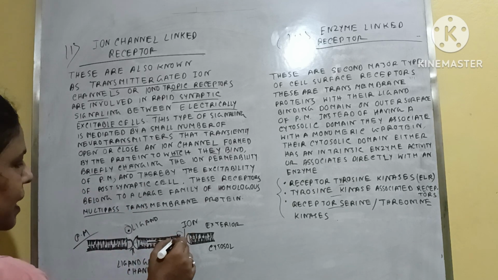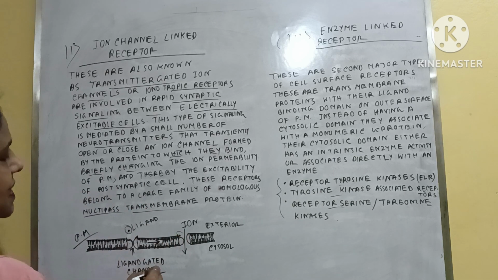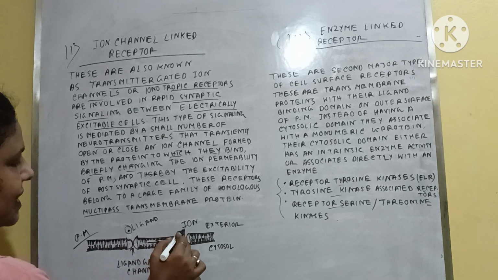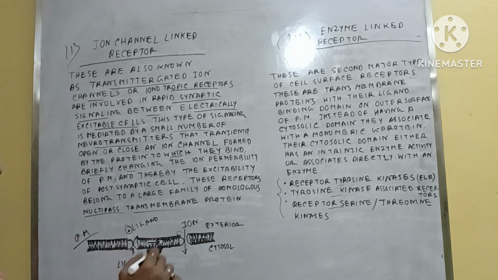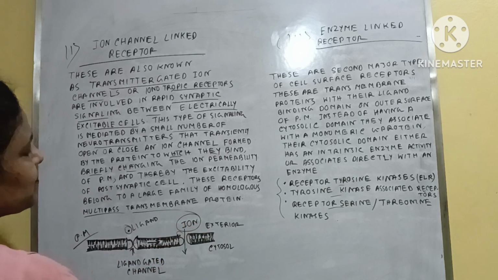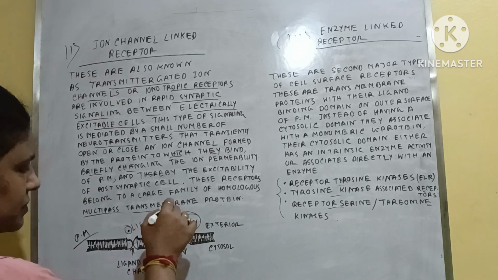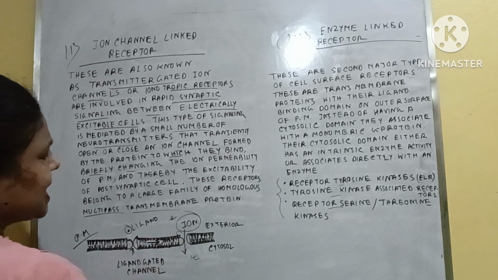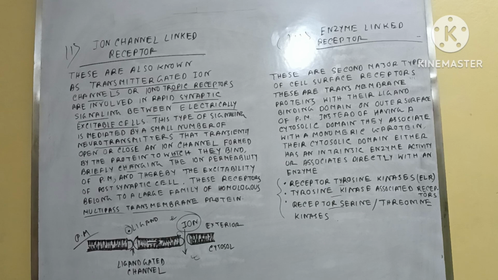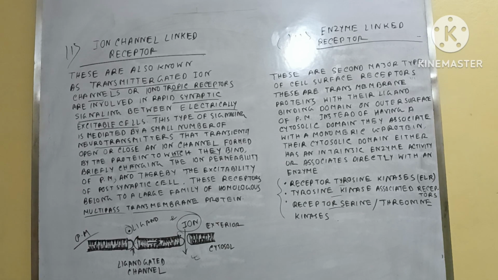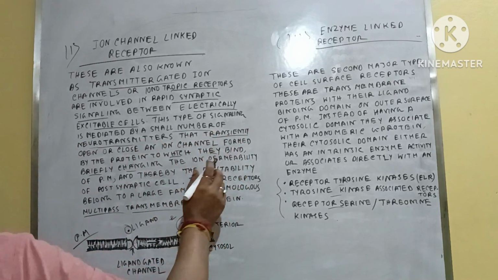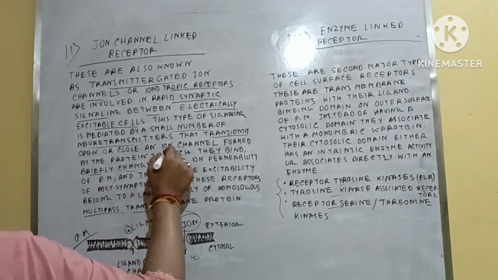But when the ligand is bound to this receptor, the receptor subunits separate from each other and the channel is opened, through which ions enter from the exterior into the cytosol. That's why it says that a small number of neurotransmitters transiently open or close an ion channel.